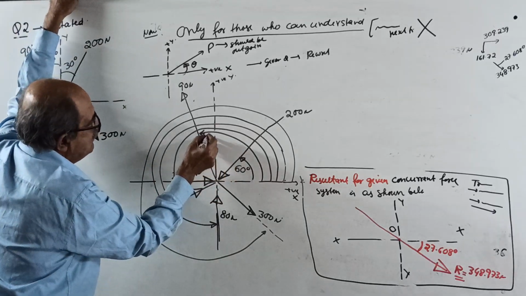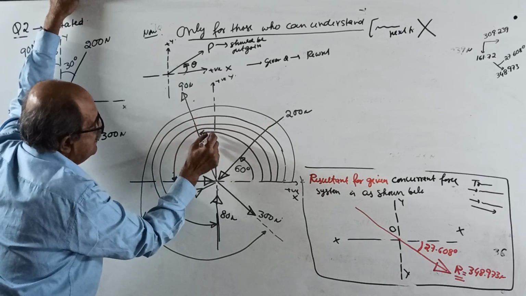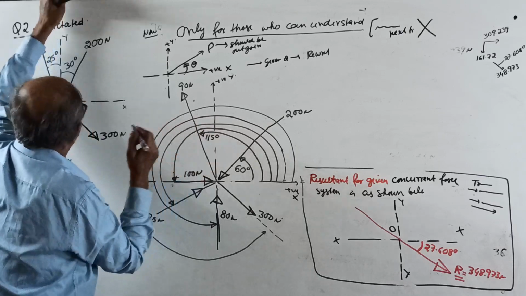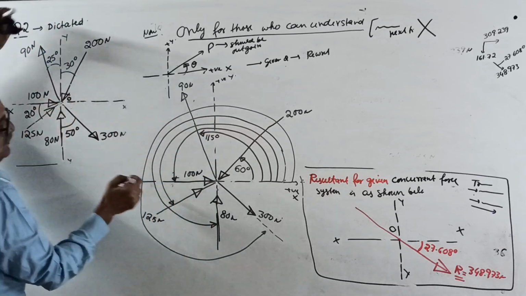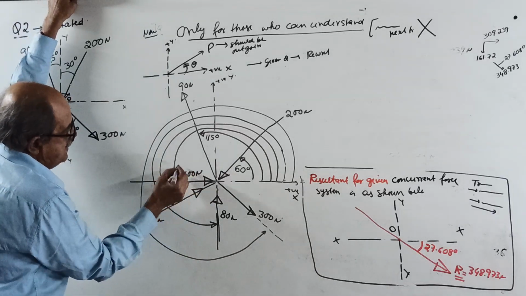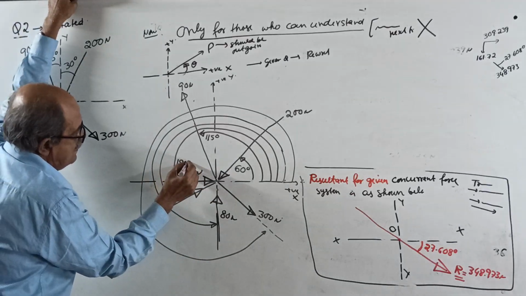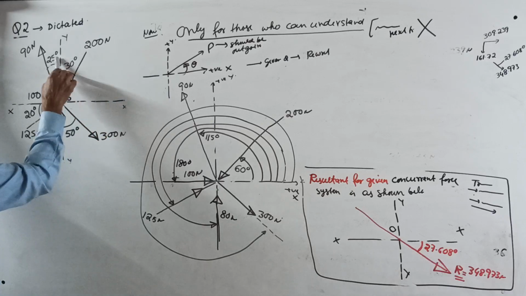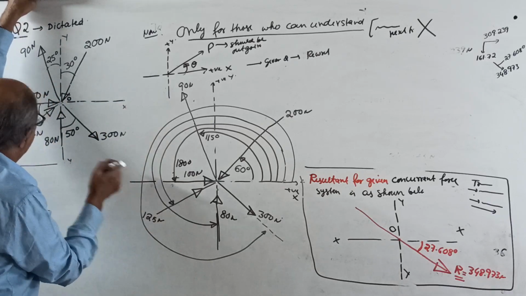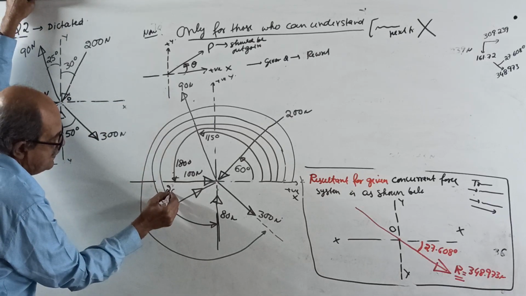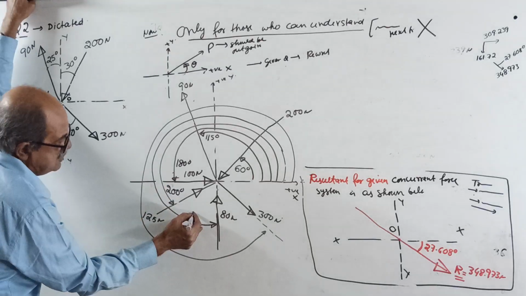For which one here? For this force, I will write here 115 degrees. This anybody can tell, 180 degrees. 180 plus another 20, 200 degrees. This is 270, everybody knows.